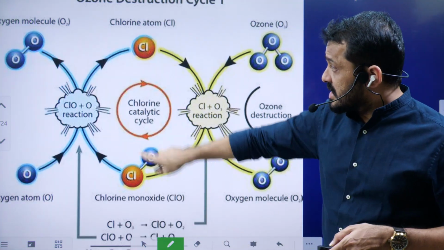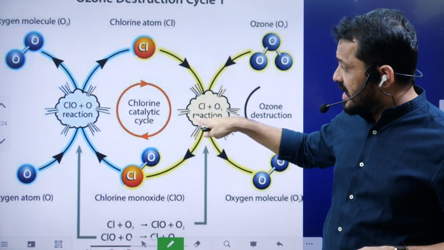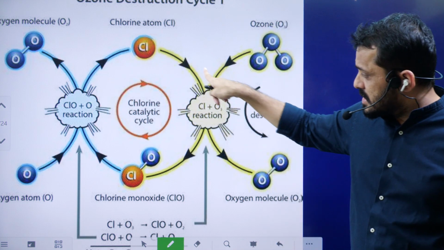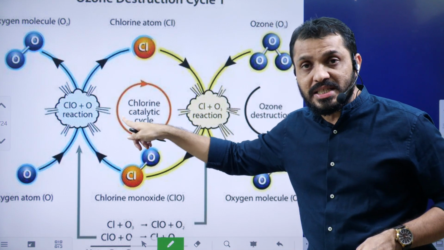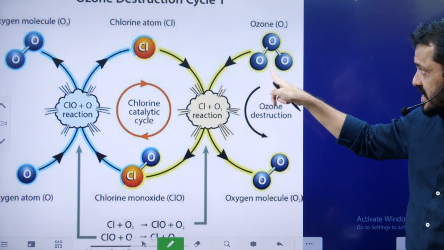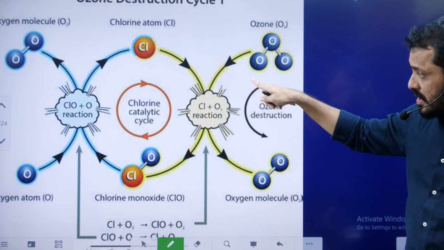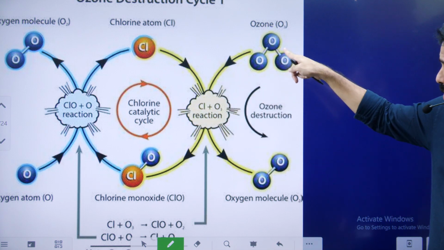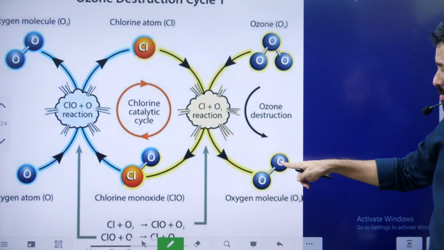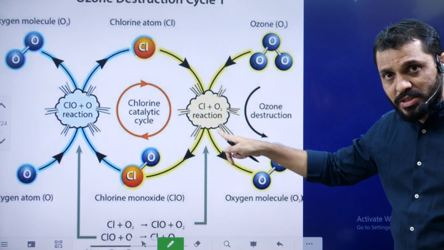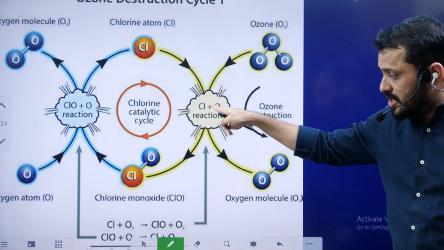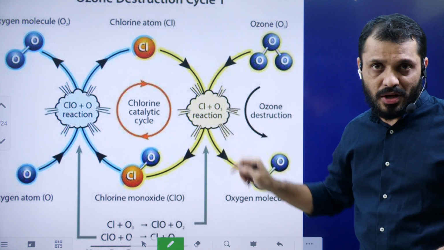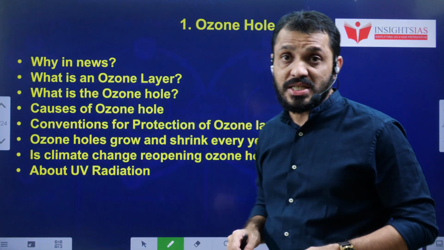Now let us see the ozone destruction cycle, and how the chlorine atom is binding with the ozone and how it is dissociating the ozone. You can see here, through this chlorine destruction cycle, the ozone molecule is getting converted into an oxygen molecule. In this process, chlorine monoxide is getting formed. This is the ozone destruction cycle.